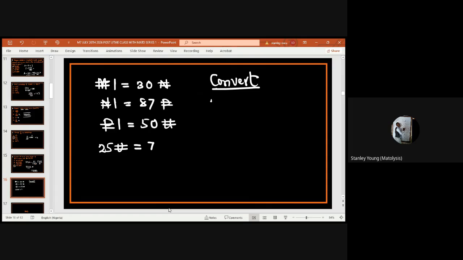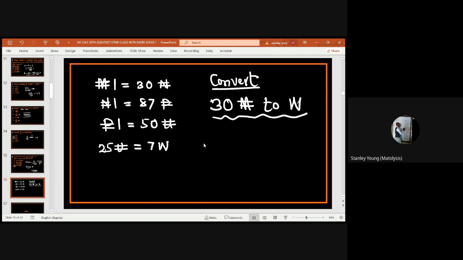Allow me to change this to something else so that you won't think. Let's call it W. Let's say the question says convert 30M to W. If you want to convert 30M to W, it's not difficult.